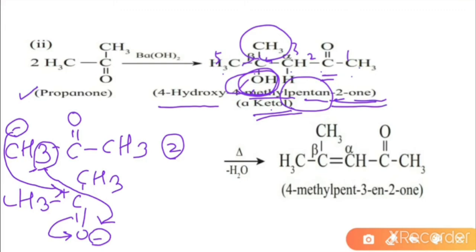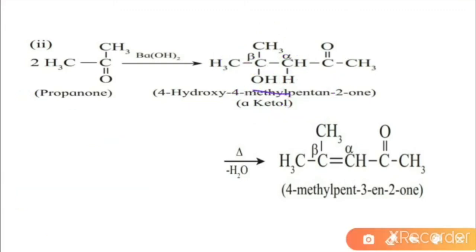And with loss of a water molecule, hydrogen in the form of alpha hydrogen and beta hydroxyl group are removed in the form of water, and enone is obtained. IUPAC name is 4-methylpent-3-en-2-one, and the common name is mesityl oxide.